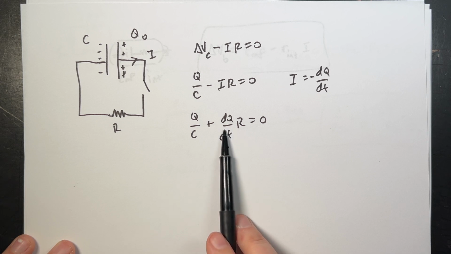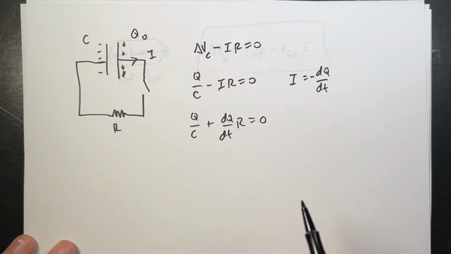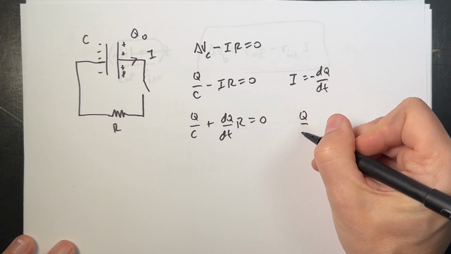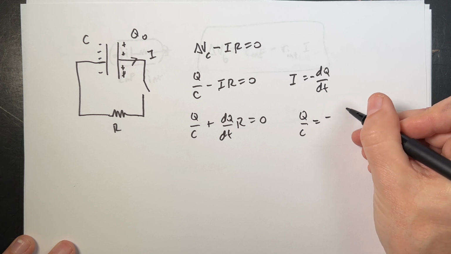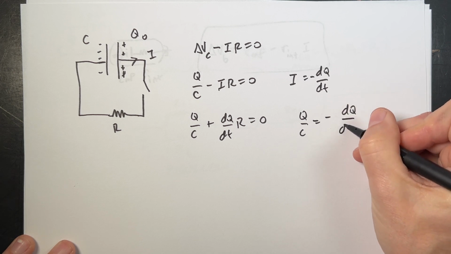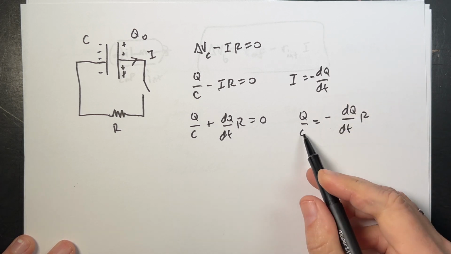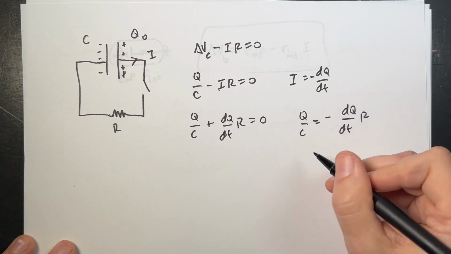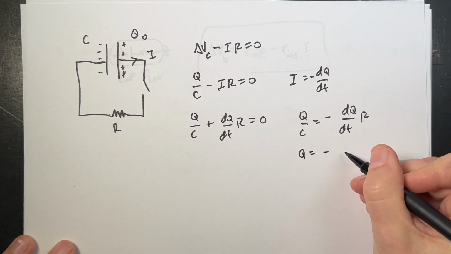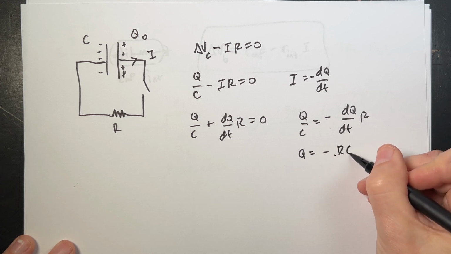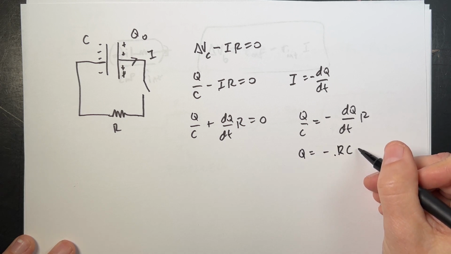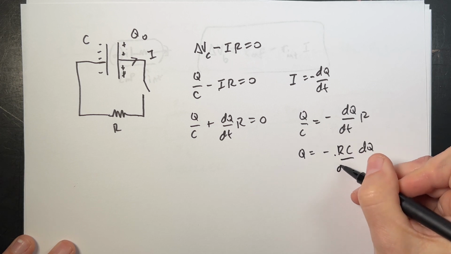Let's solve this for Q. So I'm going to subtract this from both sides. I get Q over C equals negative dq dt R. And then I'm going to multiply both sides by C, and I get Q equals negative RC dq over dt.